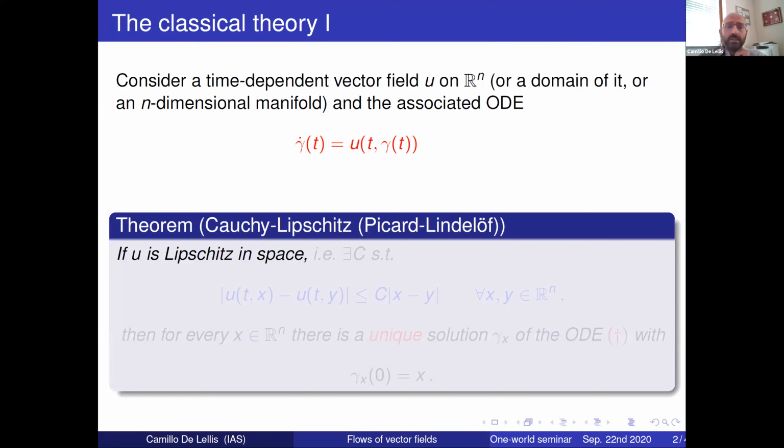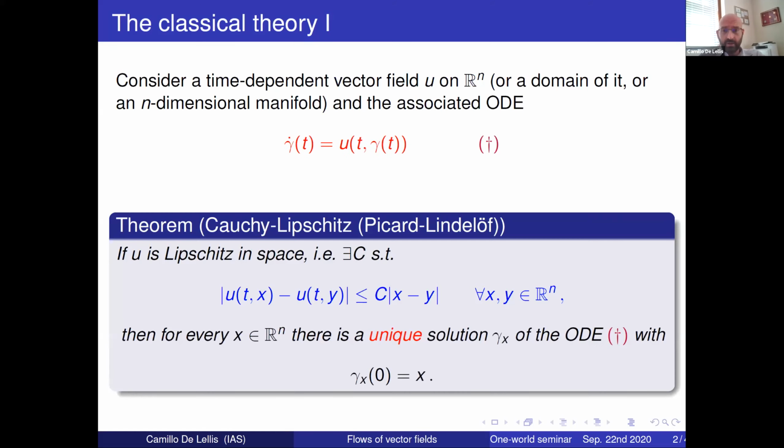It tells you that if U is a Lipschitz vector field in space, that is, if you have this control for every time t and for every point x and y, so Lipschitz continuity in space, which is uniform in time, of course, the constant is independent of t, x, and y, then for every x in R^n there is a unique solution of your ordinary differential equation, indicated by the dagger here, subject to a certain initial datum at some initial time, which we might actually take to be equal to 0.